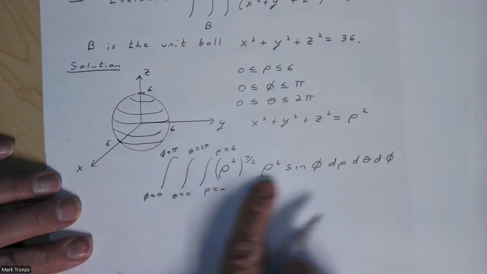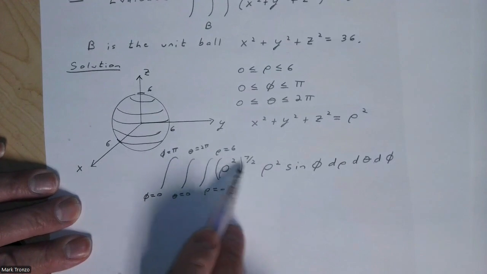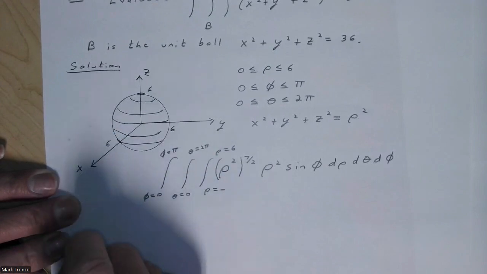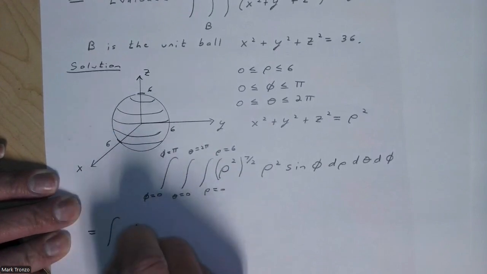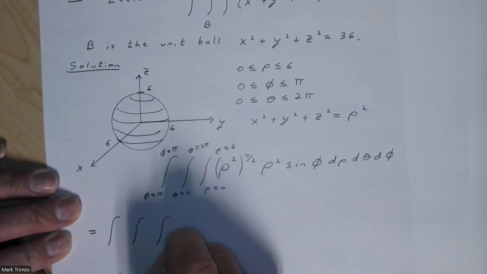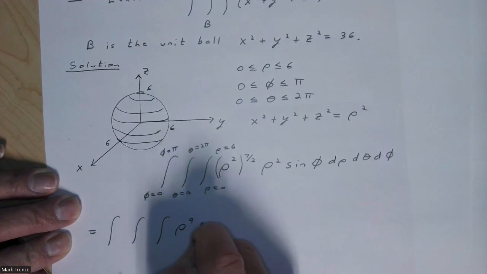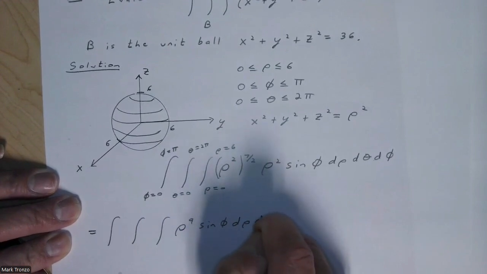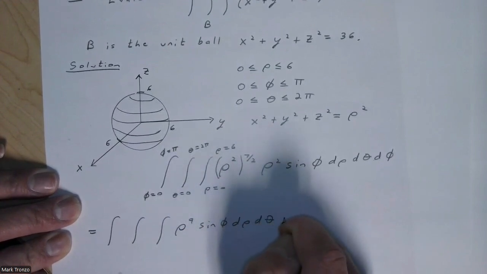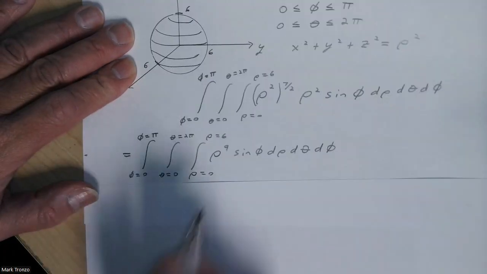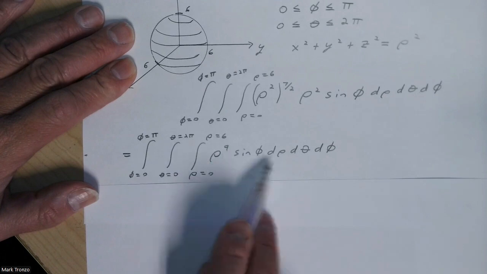And of course, we can simplify this a bit. The 2's will cancel. That'll be rho to the 7th times rho squared, so we add the exponents, and that'll be rho to the 9th. Now we'll integrate with respect to rho.